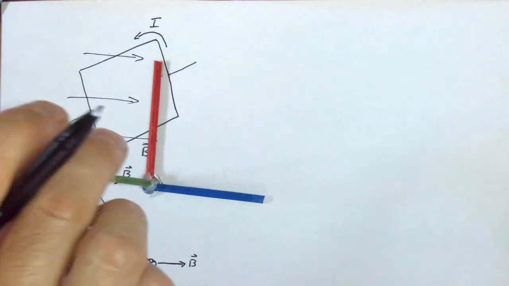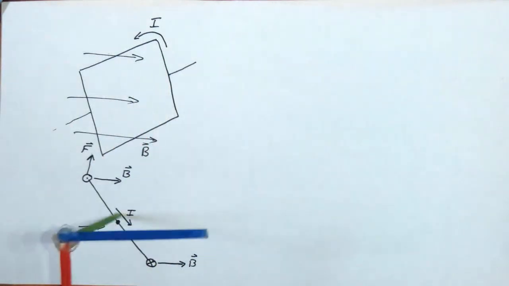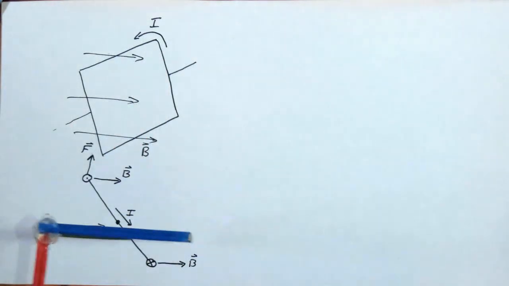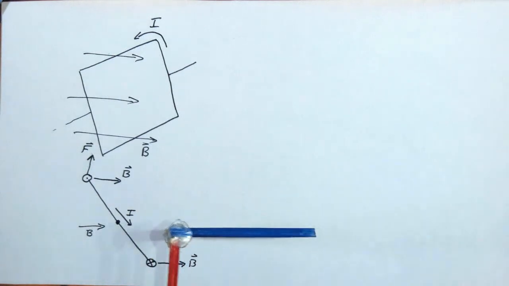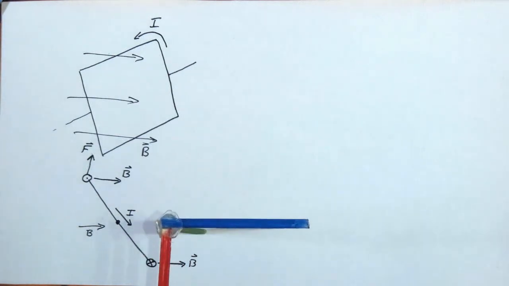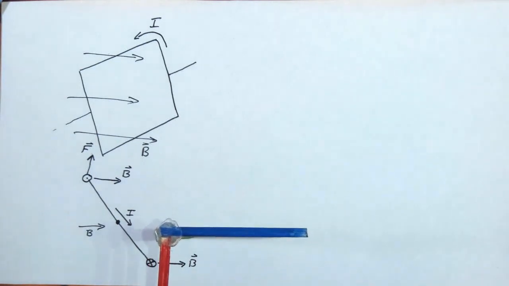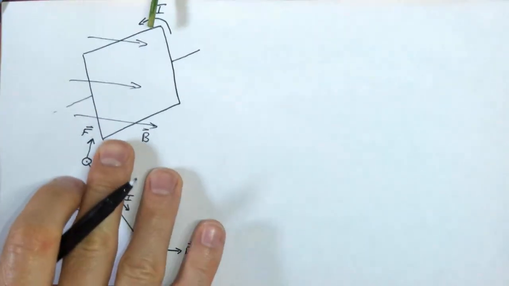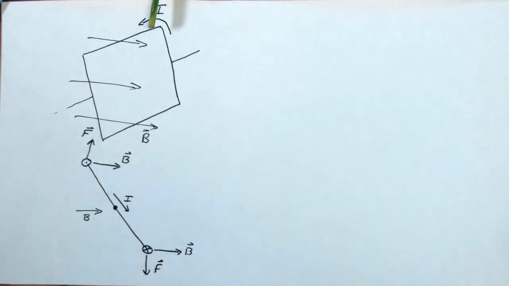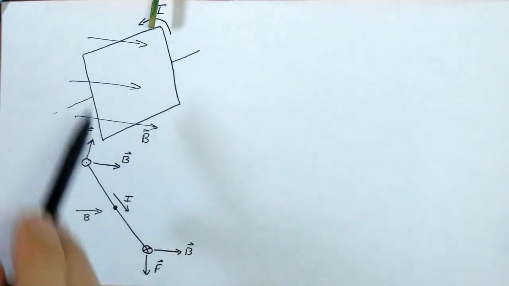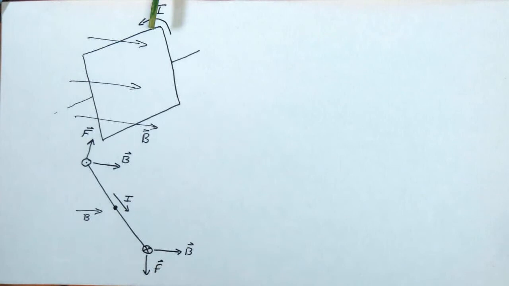Now let's flip this around. On the bottom, I've got current flowing into the page. So my green is flowing into the page. The B field is still to the right, which means now my red, or my force, is down. So I get a downward force. And because the current's the same, the angle they make is the same, then it should be an equal force, which means there's no net force there.